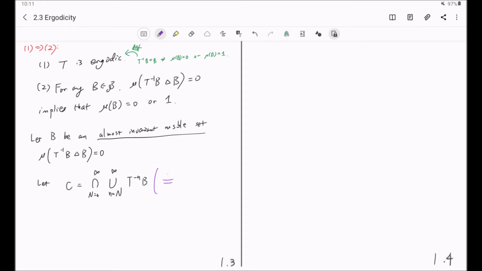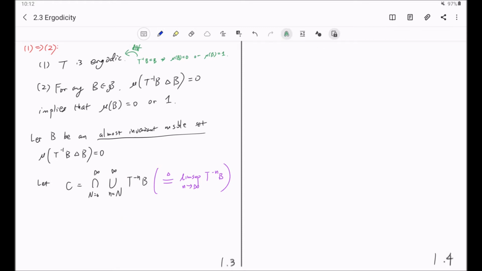So recall this is called the lim sup set as n goes to infinity of this sequence of sets. Although we are not going to use this, it is worth mentioning because this might confuse you at the beginning.